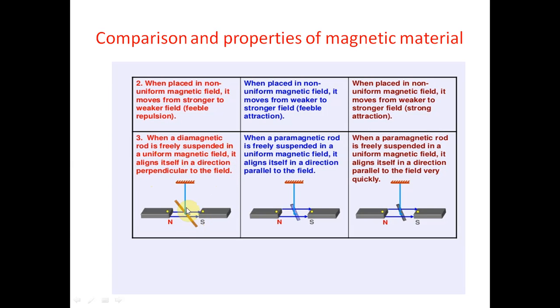It will align perpendicular to the field. And in case of paramagnetic material, it will align along the direction of the applied field. And in case of ferromagnetic material, the material will align in the direction of the applied magnetic field.